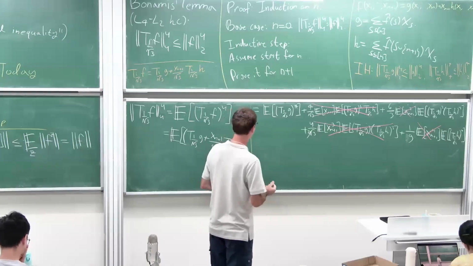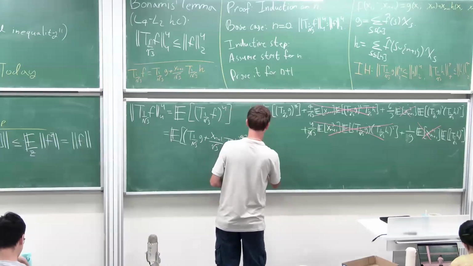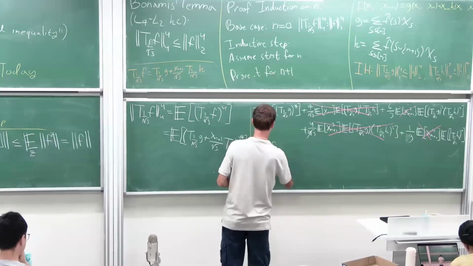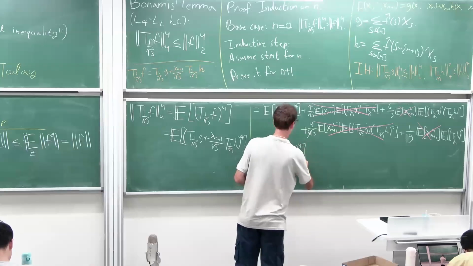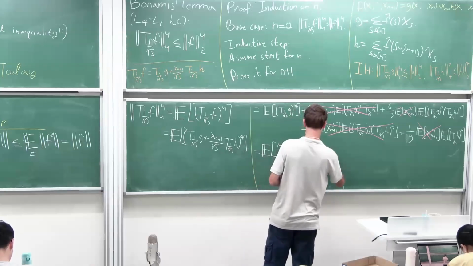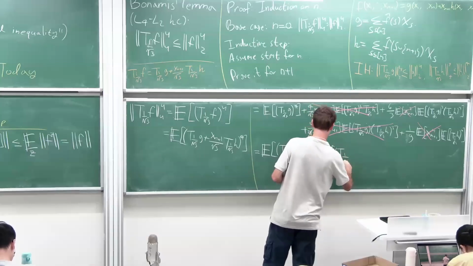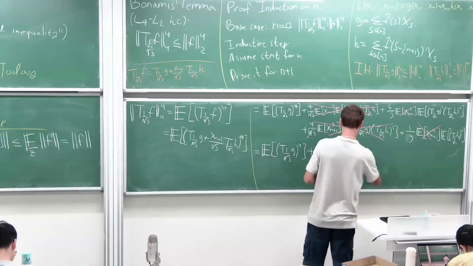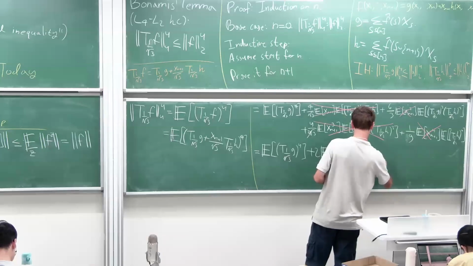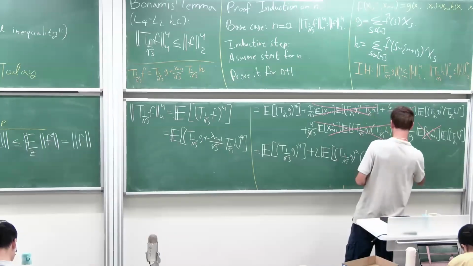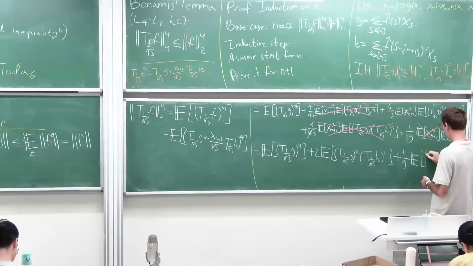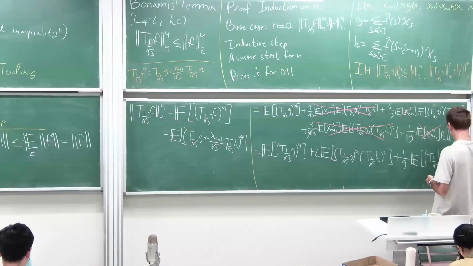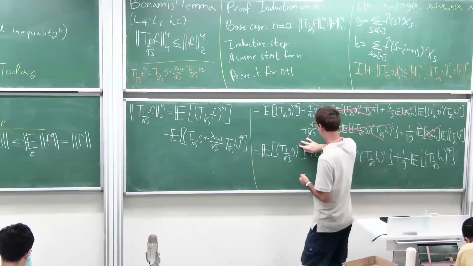So we only have 3 terms left, so let's write them. This is the expectation of (T_ρ g)^4, plus 2 times the expectation of (T_ρ g)^2 (T_ρ h)^2, plus 1/9 times the expectation of (T_ρ h)^4.